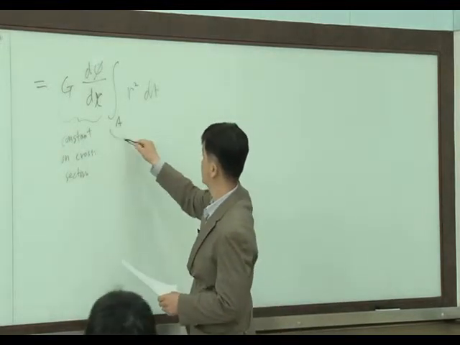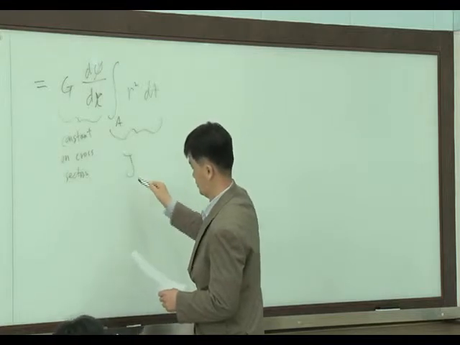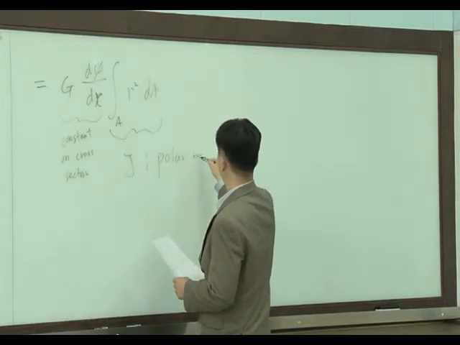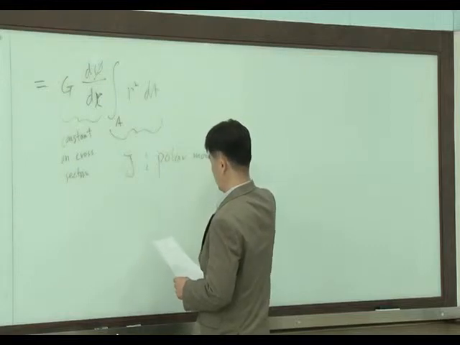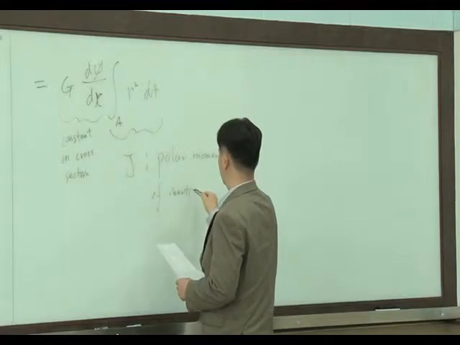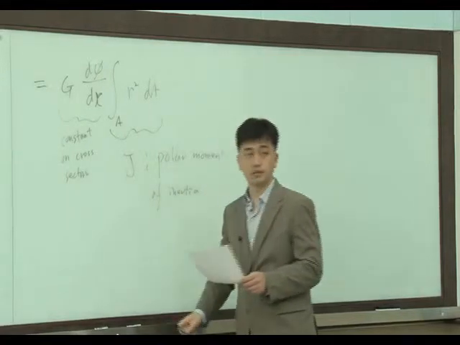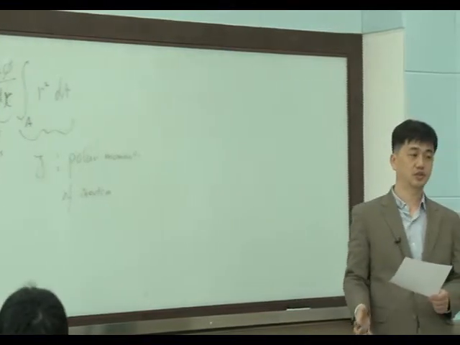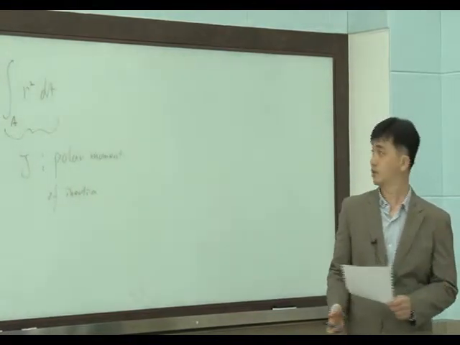And we are saying this is J, the polar moment of inertia. So that's the geometrical constant. It depends on the geometry of the shaft.